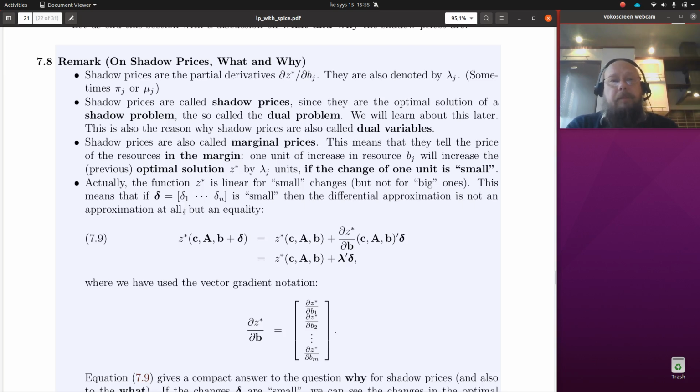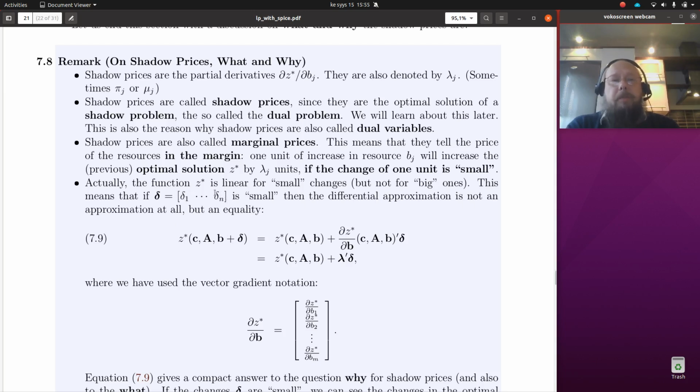So what does it mean? It means that if I look at I have this optimal at C, A, B, and delta. Now I'm doing this a bit more complicated. So now the delta is the small changes in every direction.